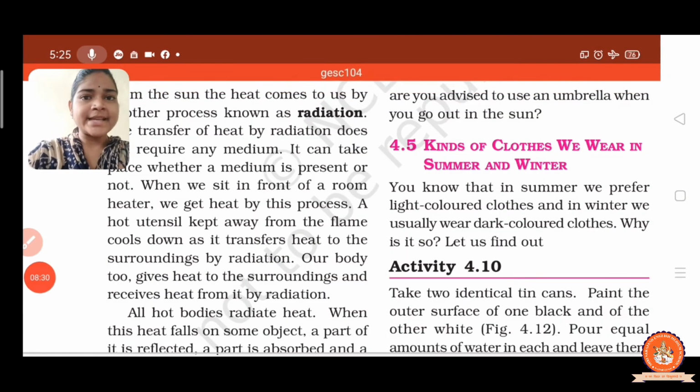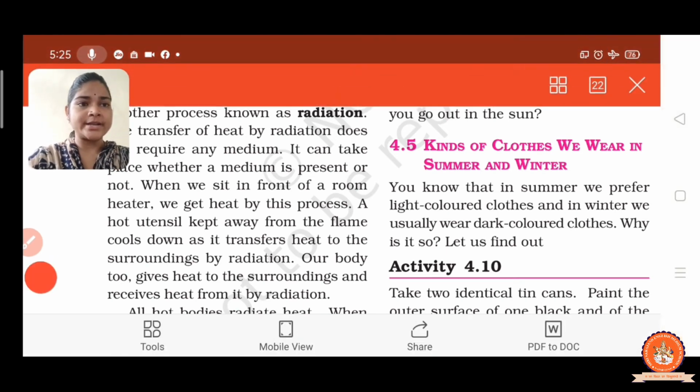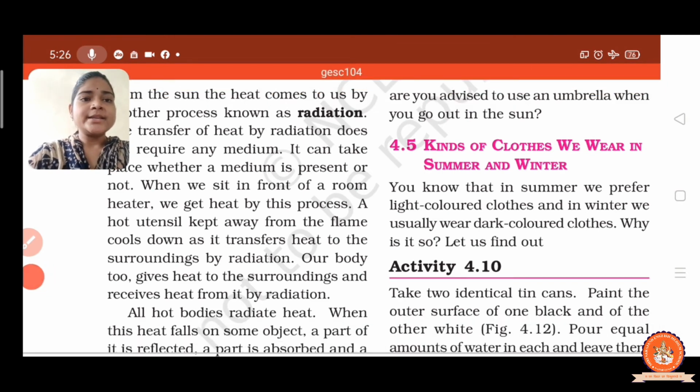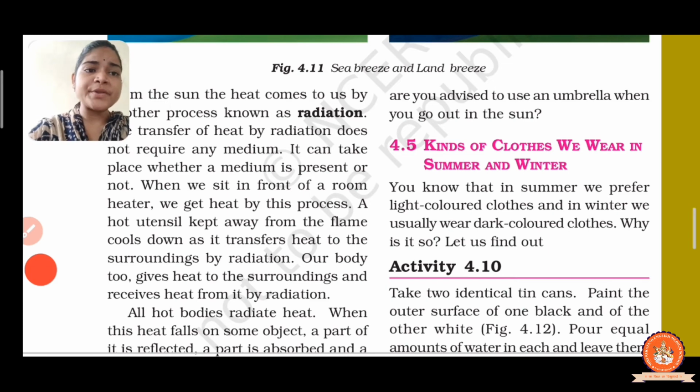Now the next and last topic is the kinds of clothes we wear in summer and winter. Right? So here a question is given: you know that in summer we prefer light color clothes and in winter we usually wear dark color clothes. Why?